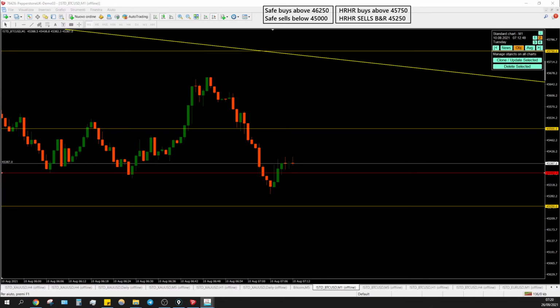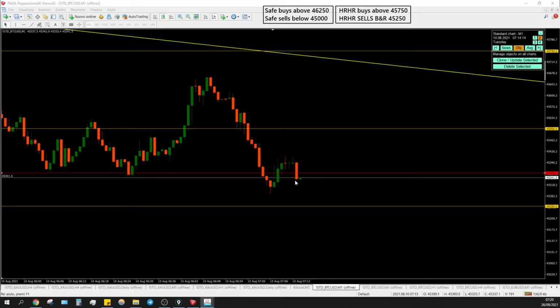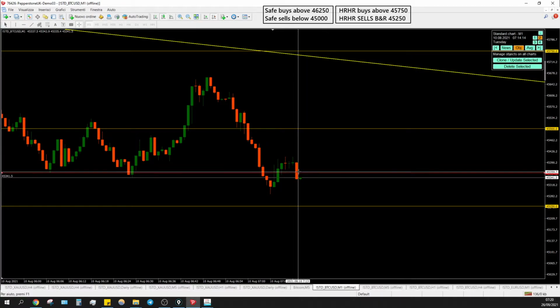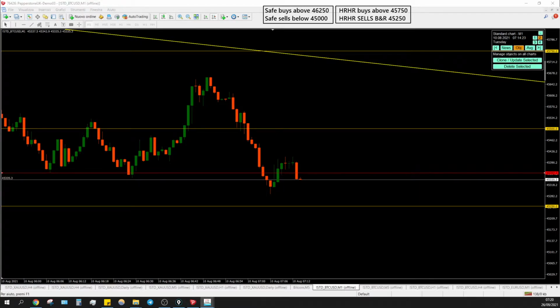As you can see, we're not making clear moves, and then we are breaking below. Let's see now. It gives you the opportunity to have a nice, quick, small stop loss. Let's see if we have our usual setup of making the wick and then flipping bearish. No, close small bullish.